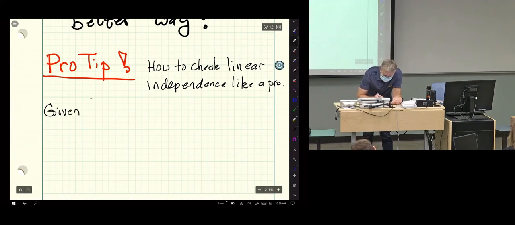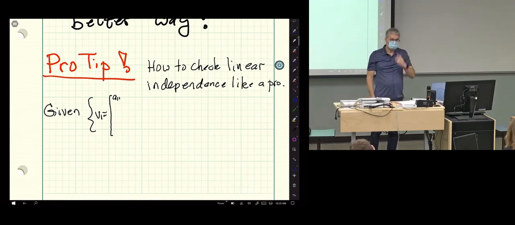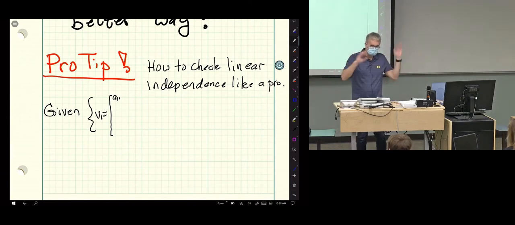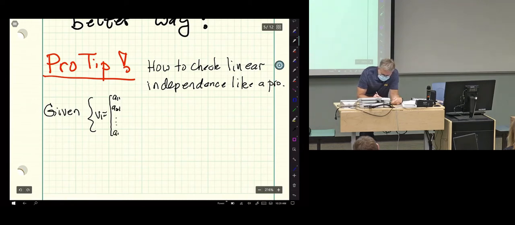Okay, so we're going to be given a set of vectors, and I'm going to do it in general. For some funny reason, I'm going to label these vectors just like they're the columns of a matrix. Why? Because any finite collection of vectors in Rn, I can always stack them up as the columns of a matrix. So this would be A11, and then the second row in the first column, dot, dot, dot, the last row in the first column.